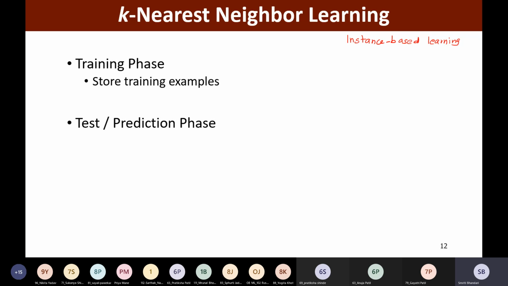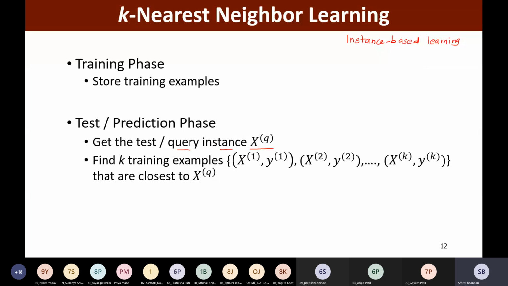In the test phase, we present a query instance denoted as xq. Depending on the value of k that we have selected, we find k training examples that are closest to our test sample xq.